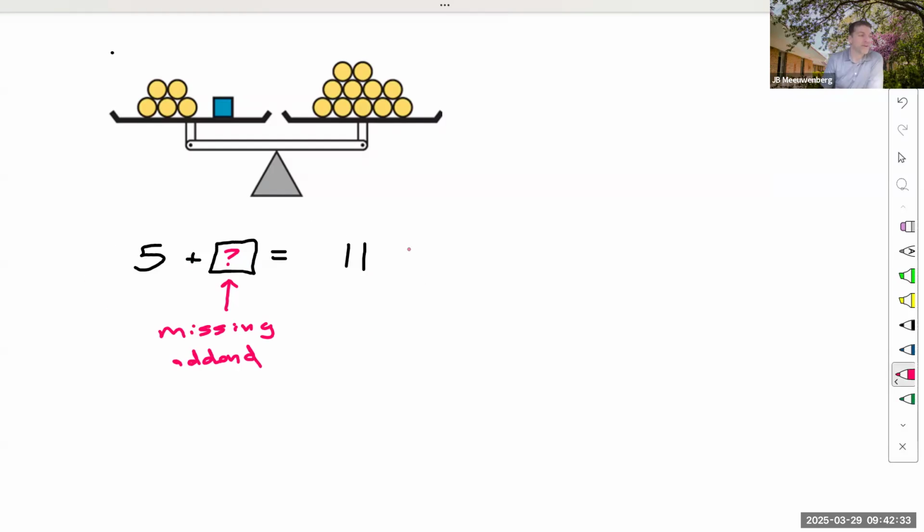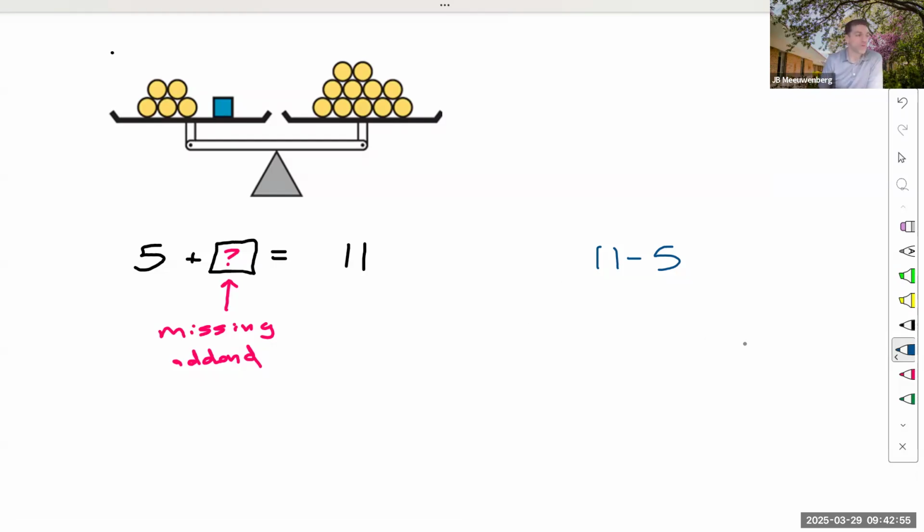So this illustrates a subtraction problem of 11 minus 5. That's another way to imagine this statement. Again, we think of the box as hiding or taking the place of the number of those little balls that you would need in order to balance the scale.